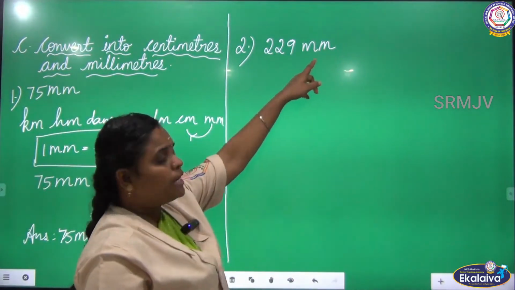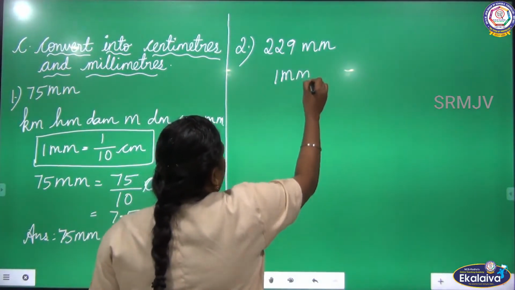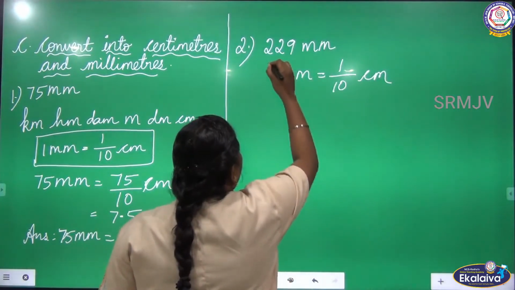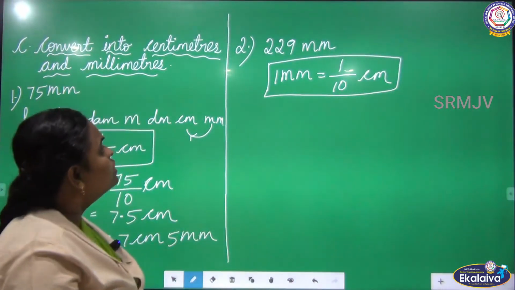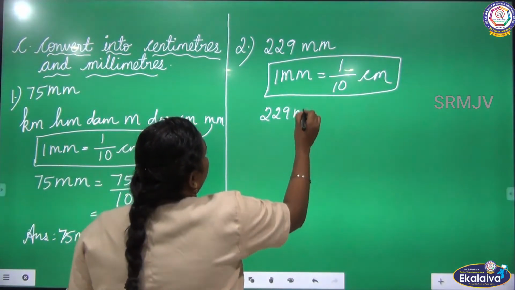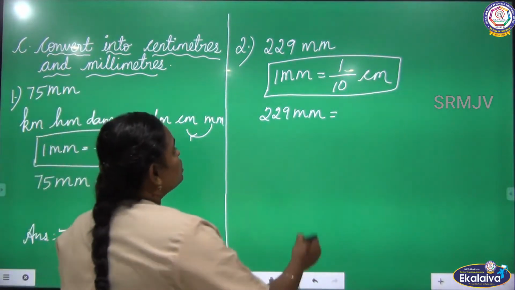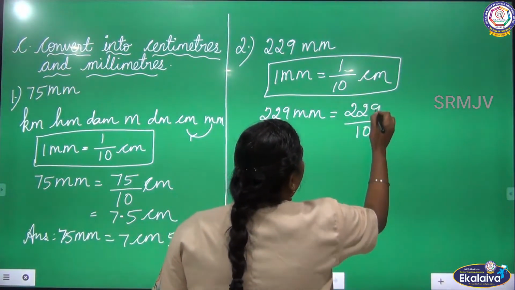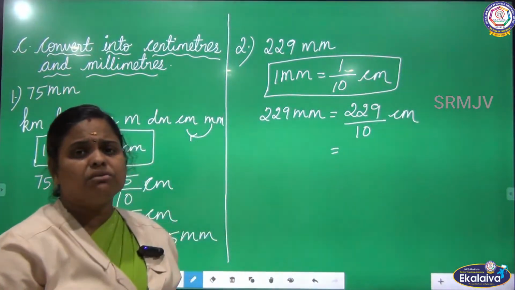Next one, 229 millimeter. So 1 millimeter equal to how many centimeter, children? 1 by 10 centimeter. So 229 millimeter equal to 229 by 10 centimeter. So how many decimal places we have to leave?